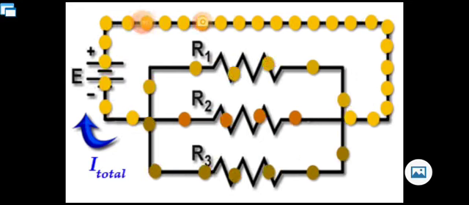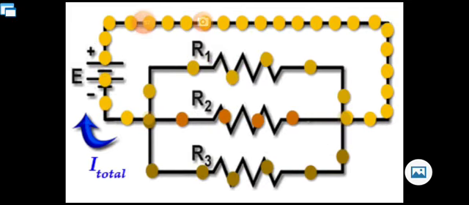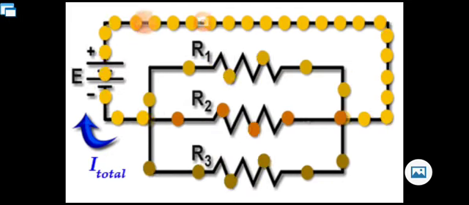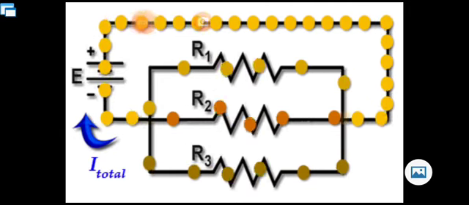There is one more advantage: all the appliances are working on the same voltage and they are drawing current from the circuit as per their requirement, since the same current is not flowing through them. That's the main reason why in domestic circuits in our homes all the appliances are joined in parallel, not in series.